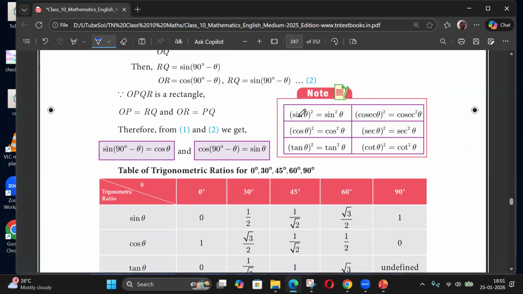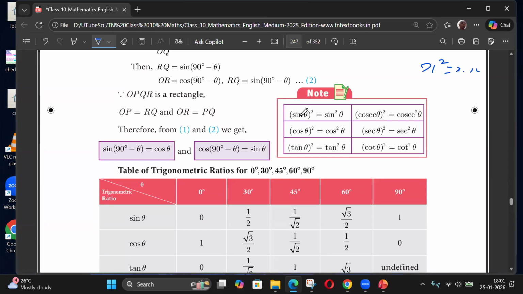Sine theta into sine theta is actually this one. One short notation is sine square theta; we just put this power here. Sine square theta is actually sine theta into sine theta, like x square is x into x, right?